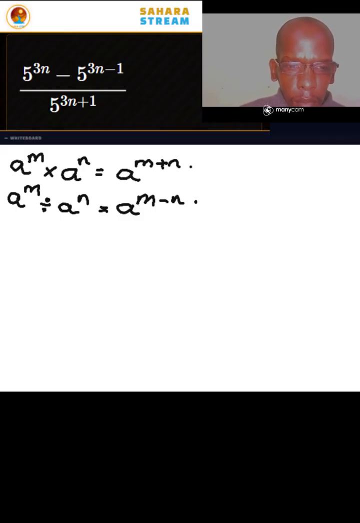We can start with the first part, which says 5 raised to power 3n. That one has no problem because it doesn't apply any of these laws. It's just a base raised to a certain power.